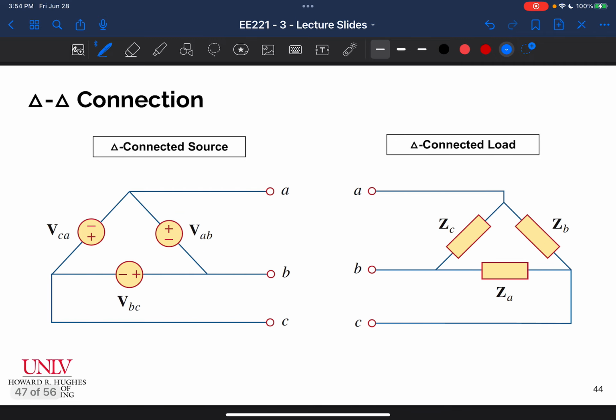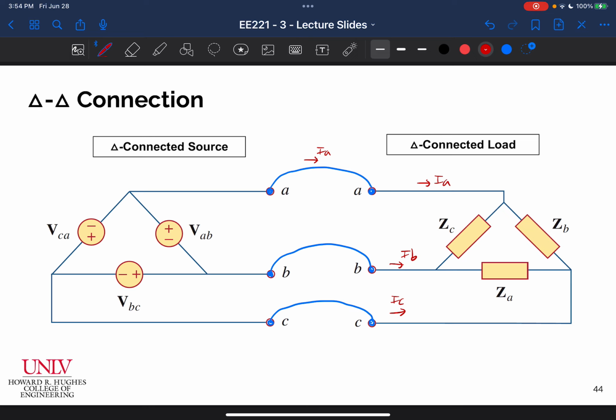Okay. Second, we have the delta to delta connection, which is equally straightforward. The A goes to the A, the B goes to the B, and the C goes to the C, just like that. And of course, I'm going to have a line current IA. It's going to show up here. A line current IB and a line current IC.